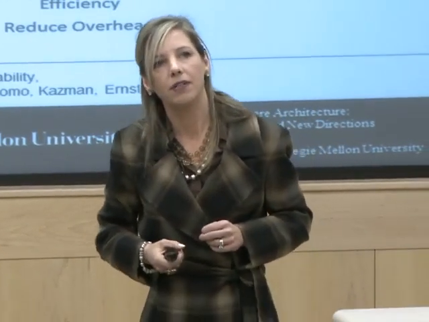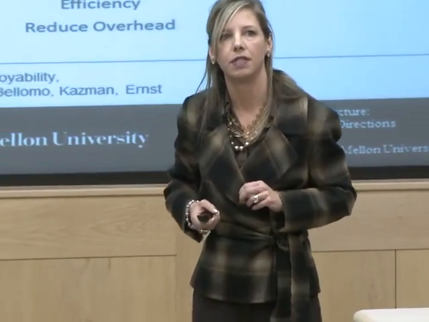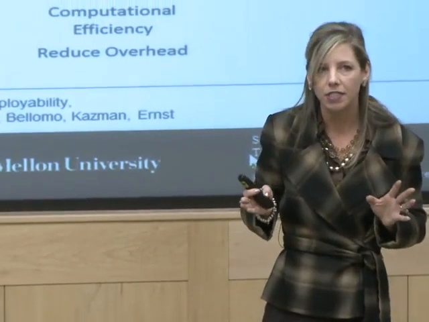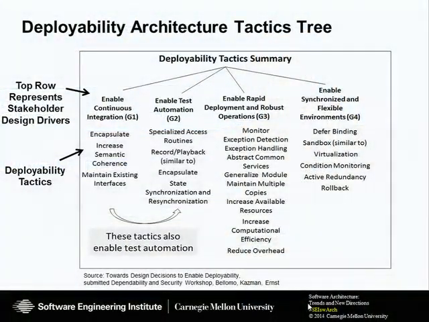And then here, very quickly, this is kind of an eye chart, and I don't intend to go through the whole thing, but I just want to show you some of the tactics that we have pulled forward from the work we've been doing, gathered from project data. The top row of this tactics tree that we've been able to put together represents stakeholder design drivers.